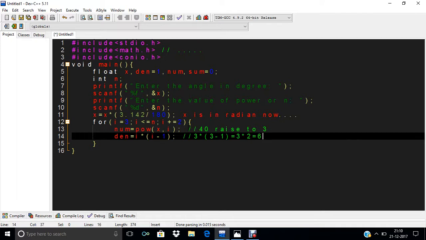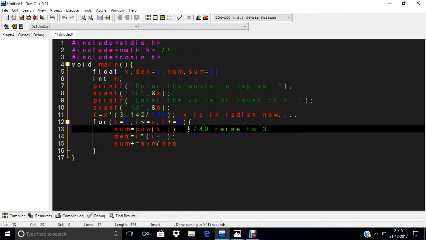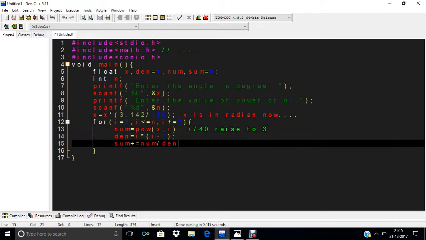We got our answer, so it is calculating properly, the logic is working. We are done with the denominator part. Now we simply divide both of them, num by den. So sum plus equals num by den, and it's done.